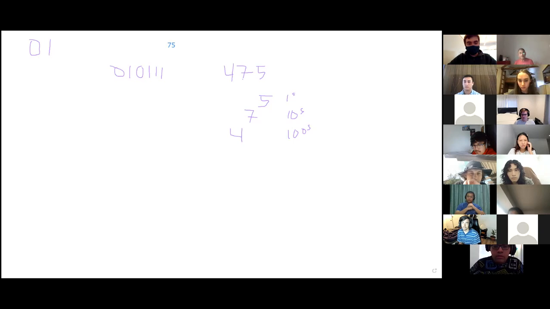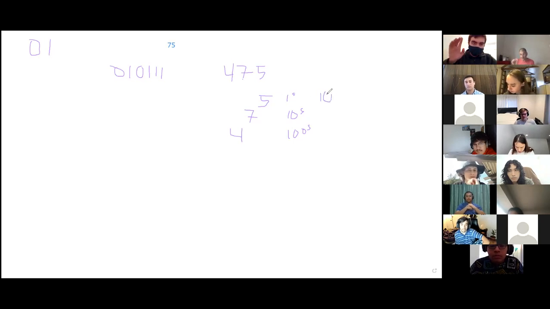But they're all very interesting points of view. So any number to the power 0 is 1. So that 5 basically says there are 5 of 10 to the zero in this number, because 10 to the 0 is 1.